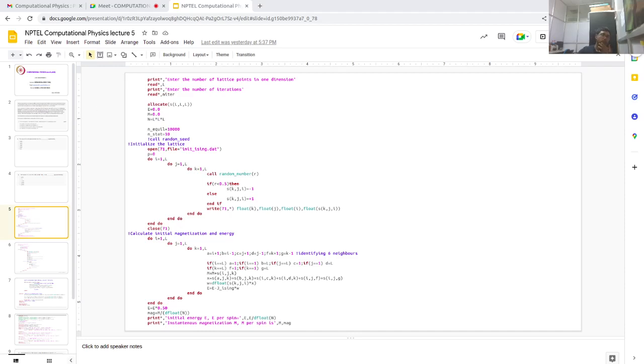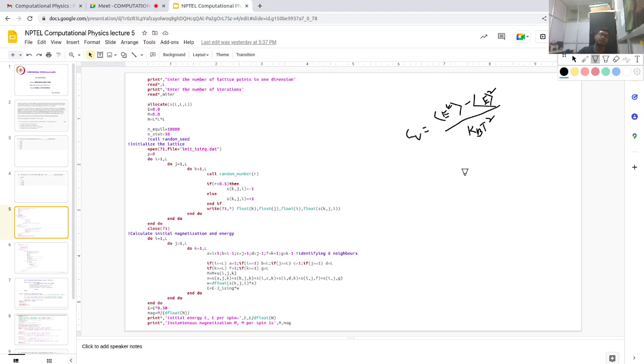Why do we need them? If we look at the formulas we take to calculate the chi and CV, for CV you will see that CV is equal to E squared average minus E average squared, and the denominator will be KB, which is the Boltzmann constant, times T squared.